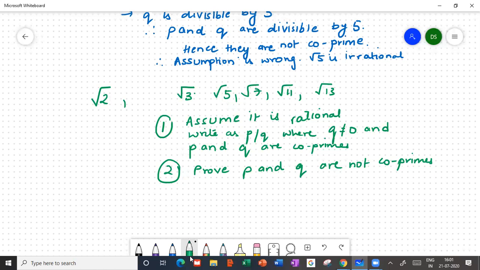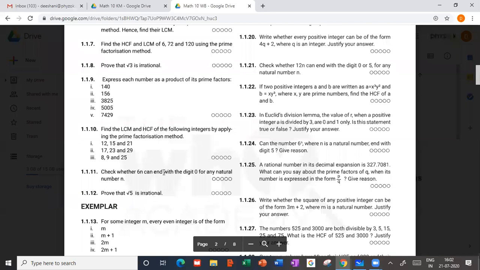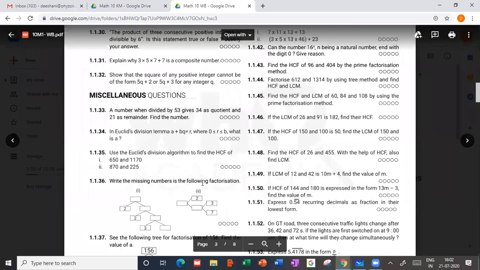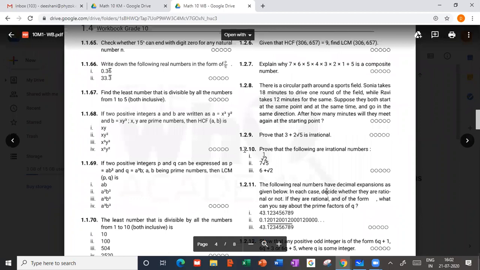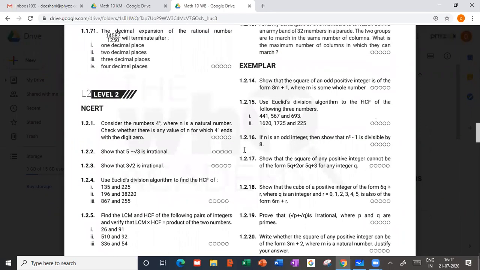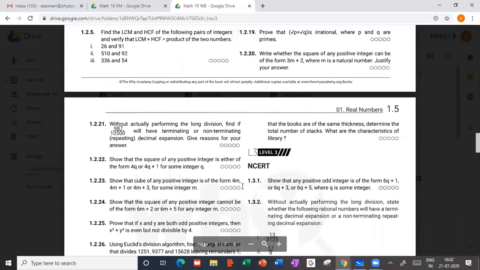So this is what you do when they ask you to prove root 3 or root 5 is irrational. Let me see what other questions are there. Root 5, then 3 root 2.